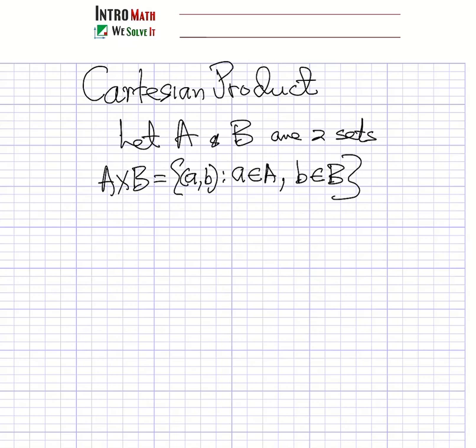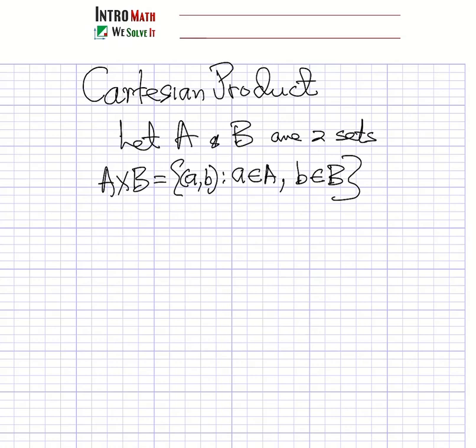Such that the first element in the ordered pair belongs to A, the second element belongs to B. So basically, the first element of the ordered pair belongs to set A, the second element belongs to set B. That's what that is saying. So remember we talked about that. Let me give you an example and then we'll move on to relation.